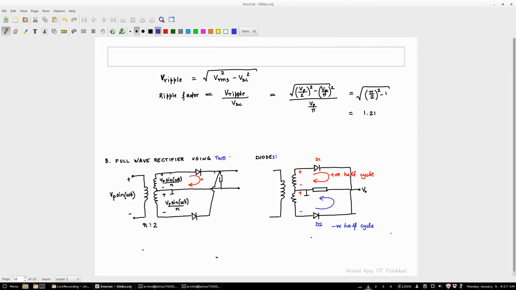For the negative half cycle, D1 will conduct in the positive half cycle and D2 will conduct in the negative half cycle, and current will flow through the load that way. Is that clear, Shubhangi? Clear now? Okay, if it's not clear, stop me, people.